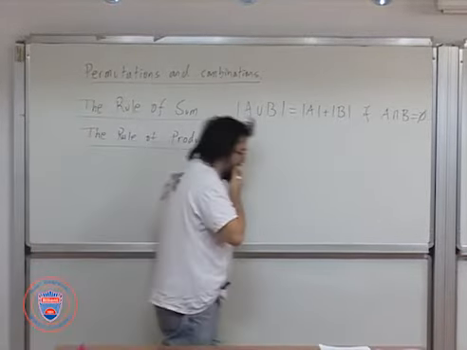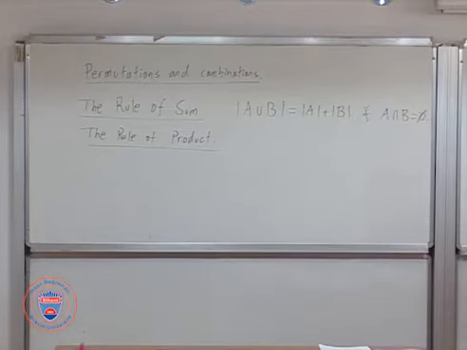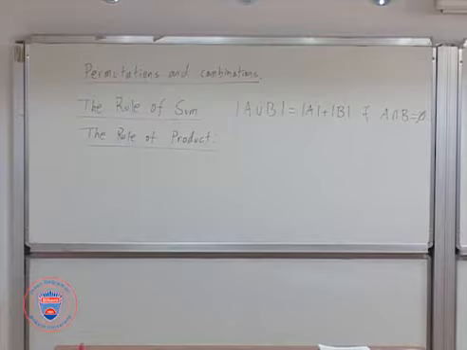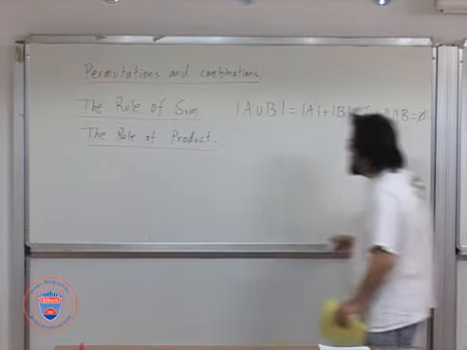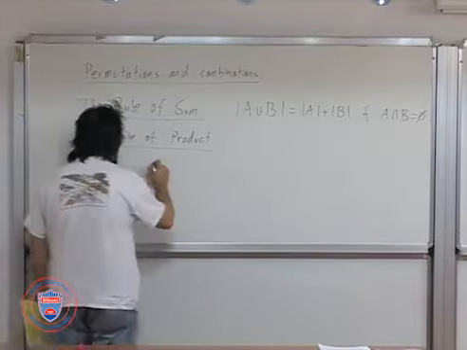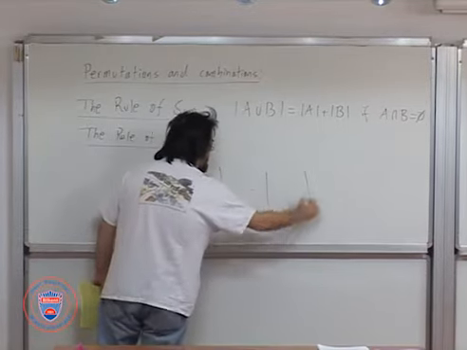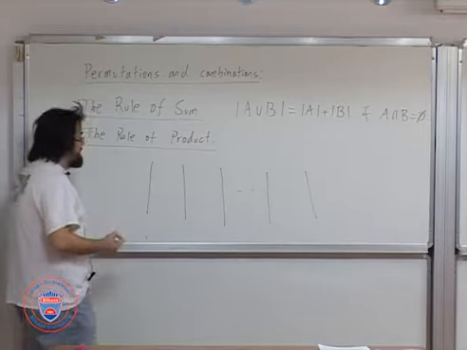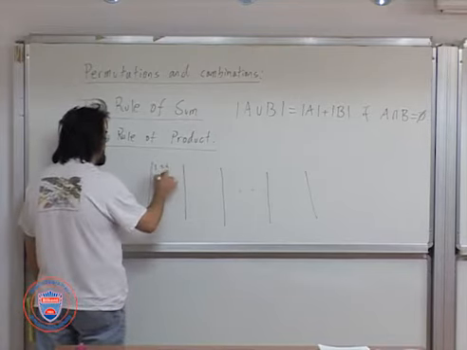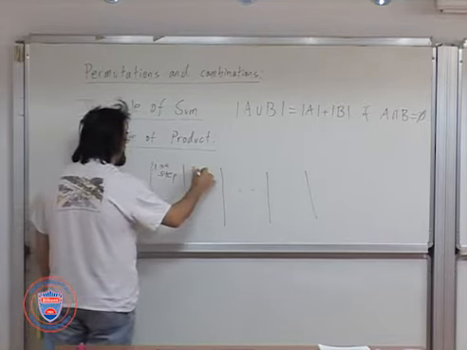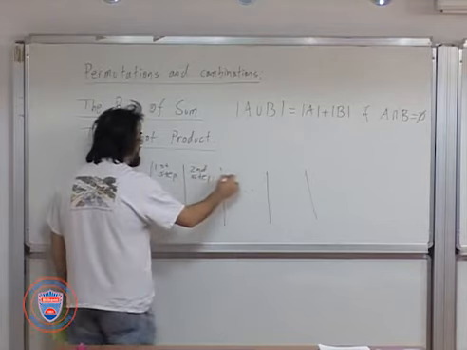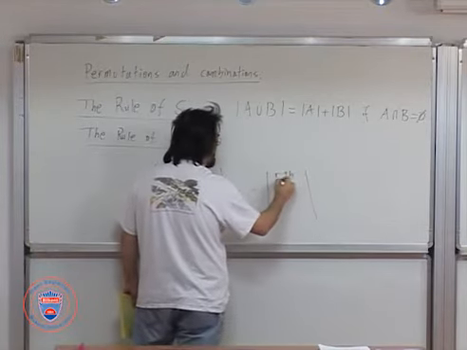Now, the rule of product is essentially counting the Cartesian product of sets. But we usually draw it in this picture. So you have some procedure or experiment with R steps. So you have the first step, second step, and so on, and the Rth step.